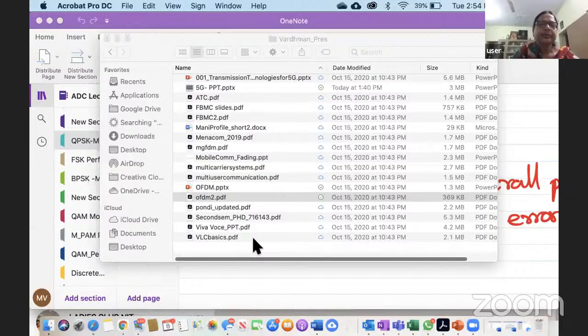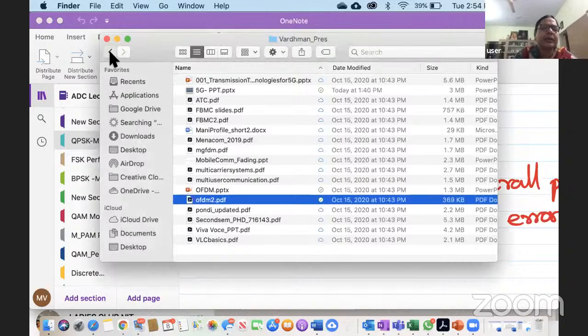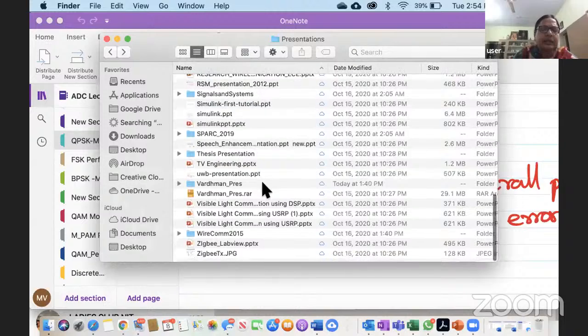So the next modulation scheme is actually, I can show you a filter bank, or before I complete generalized frequency division multiplexing, I'll come back to filter bank. Okay, that will be nice.